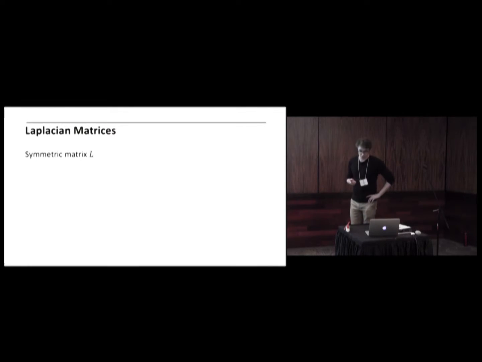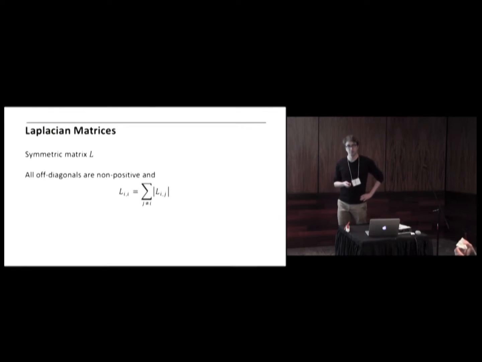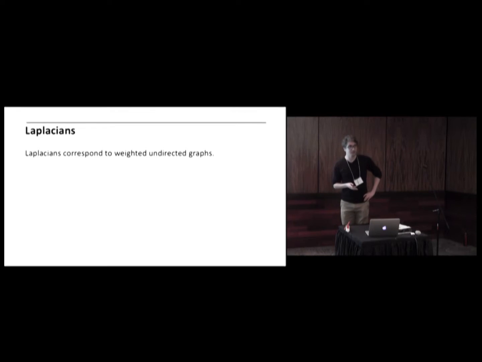So what are Laplacian matrices? A Laplacian is a symmetric matrix L, where all the off-diagonals are non-positive. And for every row, the diagonal entry of that row is exactly equal to the sum of the absolute values of the off-diagonals in that row. Laplacians also correspond to weighted undirected graphs.